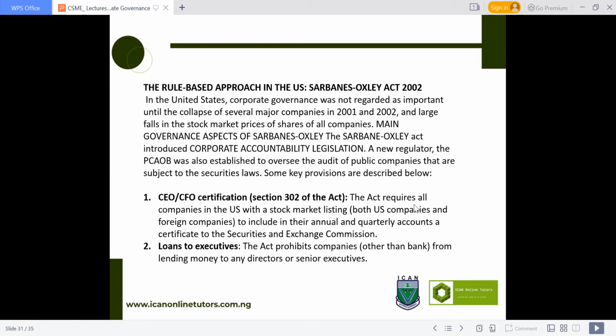We have CEO or CFO certification. The Act requires companies in the US stock market, both domestic and foreign, to include in their annual report and quarterly account a certificate to the Securities and Exchange Commission. So you have to send your accounts to them.